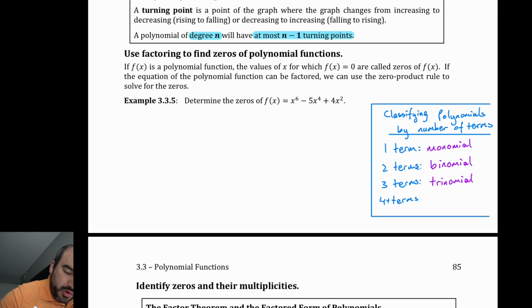If you have 4 or more terms, we just start calling them polynomials at that point. You can be more specific and say 5-term polynomial, 6-term polynomial, but there is no special name for them. It's just called polynomials, and you just name the number of terms.